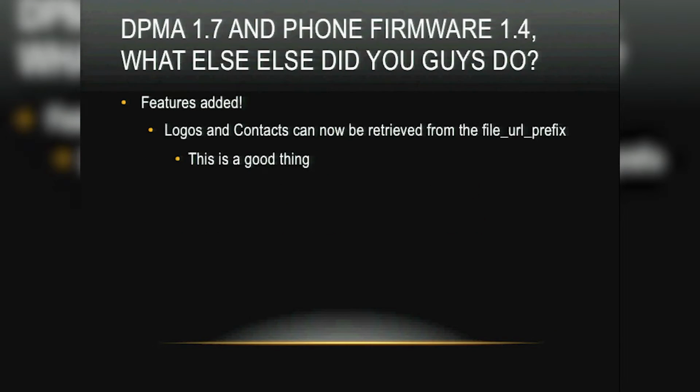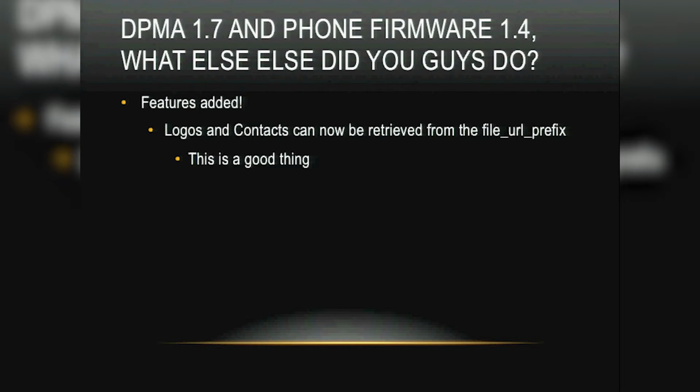We added some features too. The logos and the contacts that are attached to the phone can now be retrieved from the file URL prefix instead of the file directory. Why is that good? Well, we've got other things that are retrieved from the file URL prefix, and this is where the phone will curl in things. The phone curls in firmware, it's really huge. The phone curls in ringtones, but it was retrieving logos and contacts over SIP message packets.